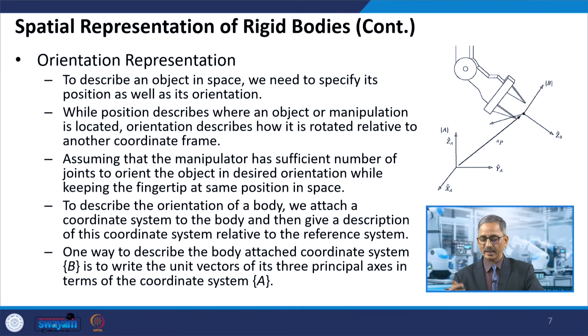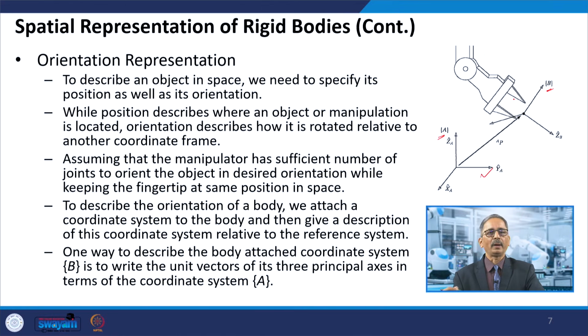For example, here say this is my fixed frame xa, ya, za. This is my frame A, and suppose this is the end effector of a robot, and here I want to describe its orientation. So, I can fix a frame over here, say frame B, and then I can give the description of this frame B with respect to frame A. That will give me the orientation of this end effector.